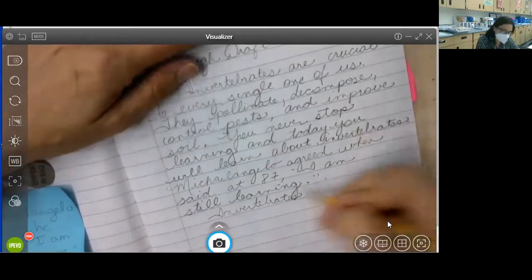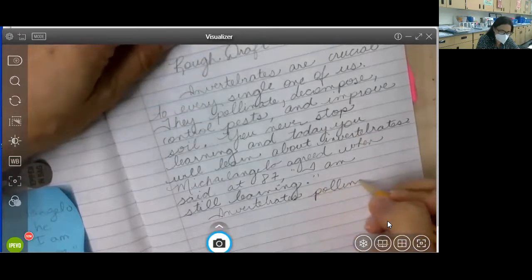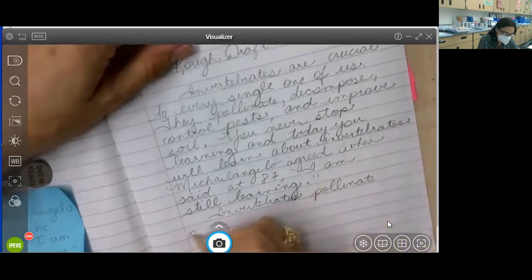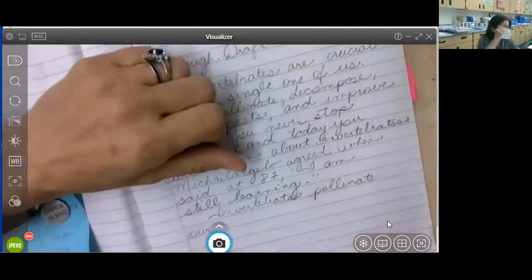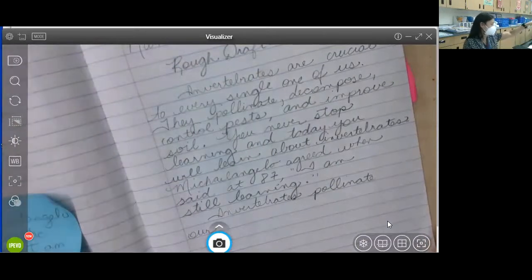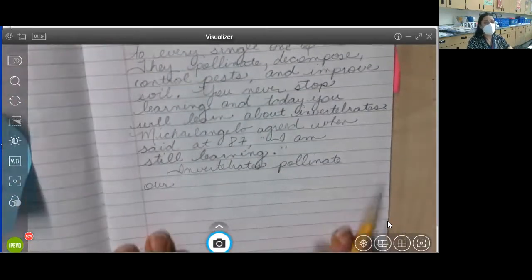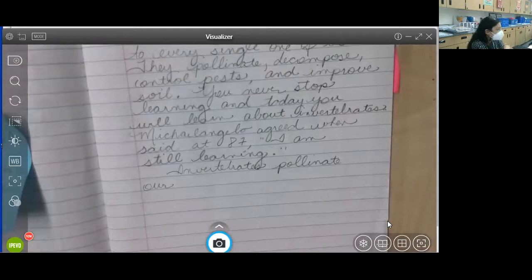Invertebrates, that's a hard word. Invertebrates pollinate our what? If I could say flowers, what else? Fruit, vegetables, right?